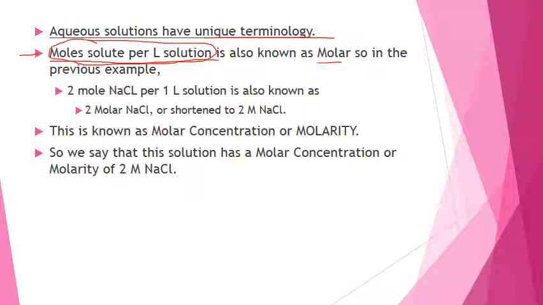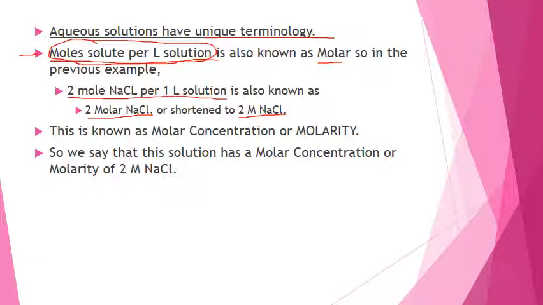So 2 moles of sodium chloride per 1 liter solution is also known as 2 molar NaCl, which can be simply written as 2 big M NaCl. So 2 molar means 2 moles per 1 liter solution.